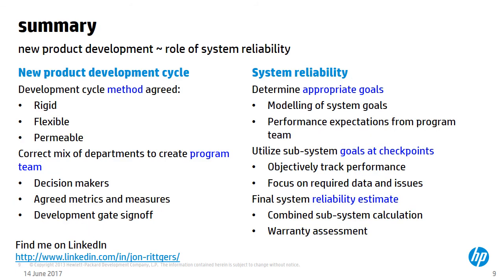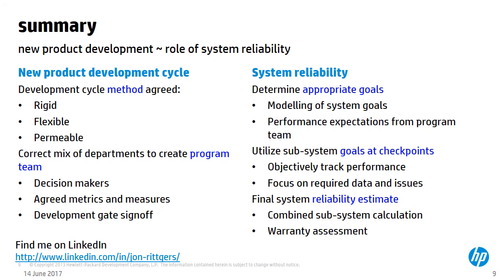In summary, there are several sections that need to be addressed as you go through a development cycle. With respect to system reliability, you're looking at the method of the design cycle to determine how weighty the various goals will be. A rigid system, a flexible system, a permeable system for developing the product determines much of how you react as a program.